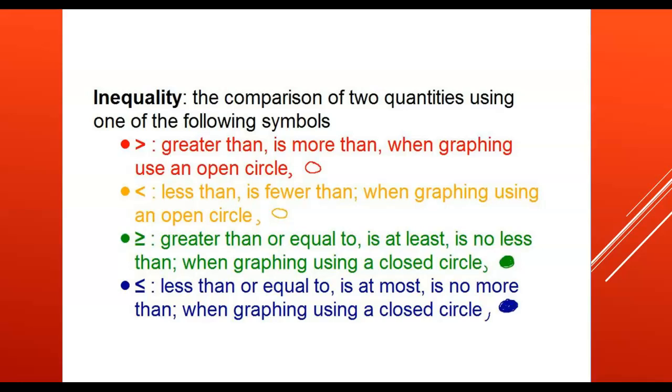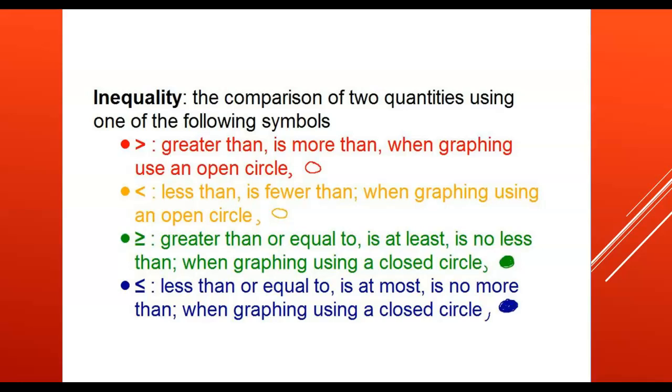If I say greater than or more than, then that means it is an open circle with the inequality facing to the left. If I say less than or fewer than, still an open circle, but now your inequality faces right.